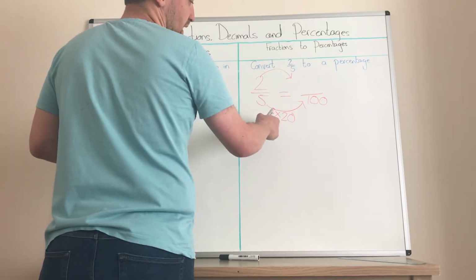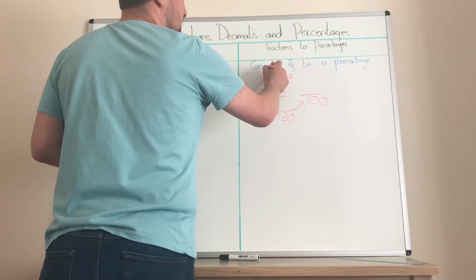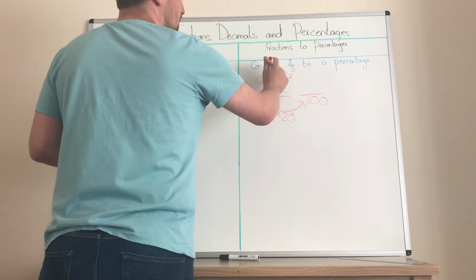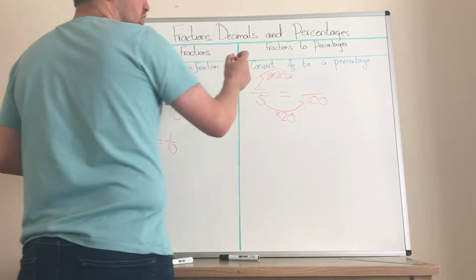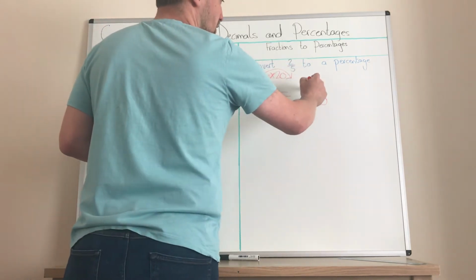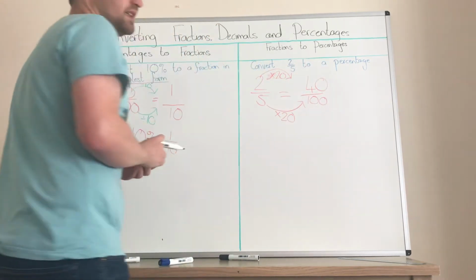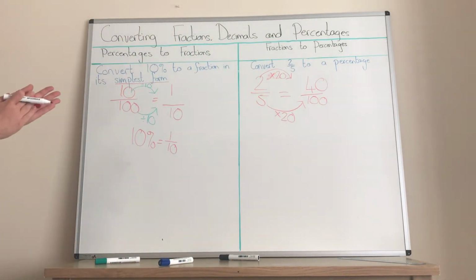We times 5 by 20, so we need to do it to 2 as well. Whatever you do to the numerator, you must do to the denominator. Now 2 times 20 is 40.